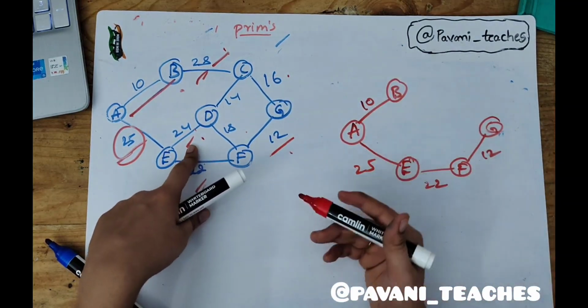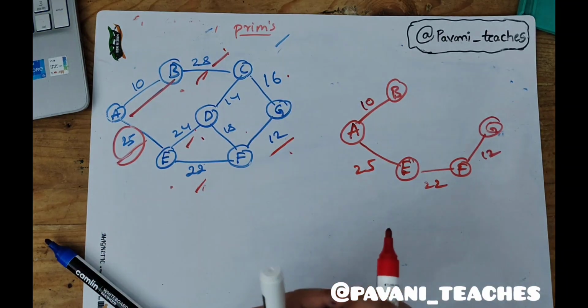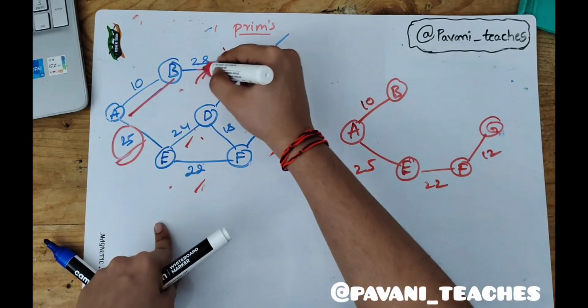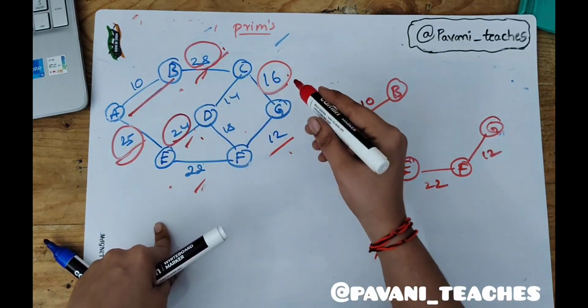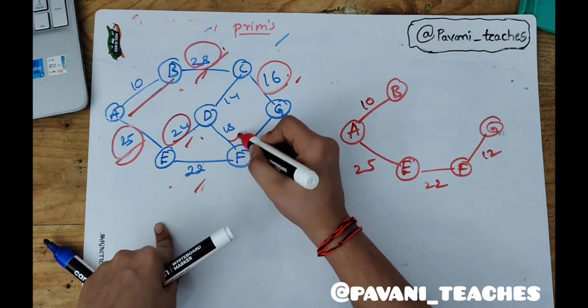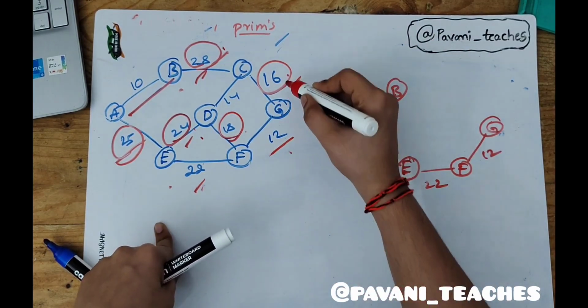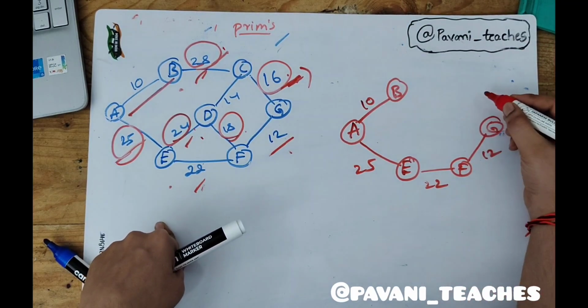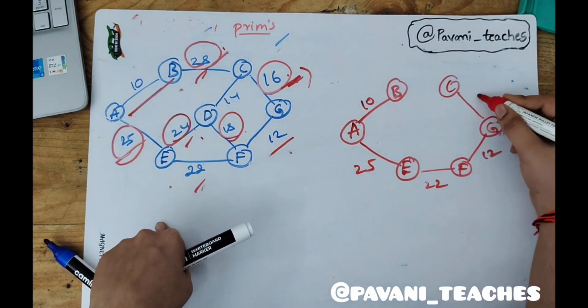Now we have to check which edge has the least weight. Here I could find it is 16. We have the options 28, 24, 16, and 18 also. As 16 is the least weighted connected edge, I am taking that 16.